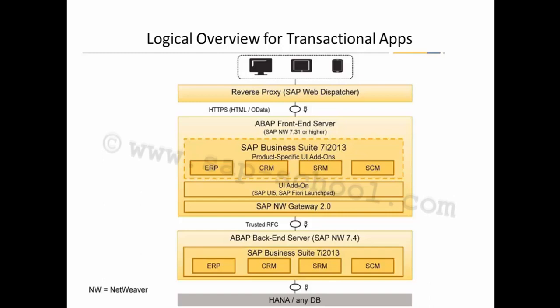Then the central UI add-on contains the SAP UI5 control library and the SAP Fiori Launchpad. The product-specific UI add-ons will contain the UI developments for the respective business suite products such as the ERP, SD, financial, material management, CRM or SCM.